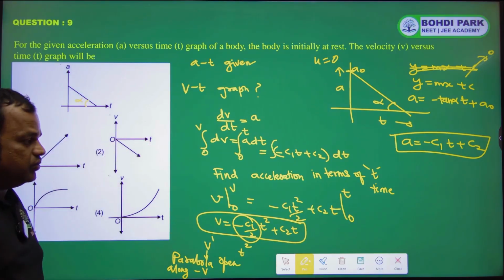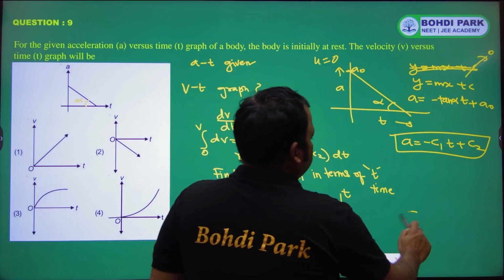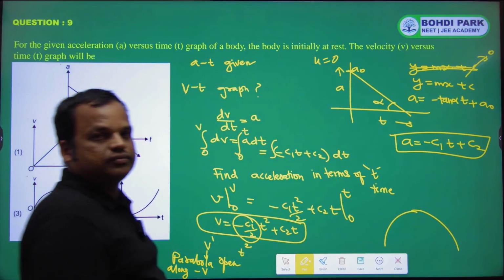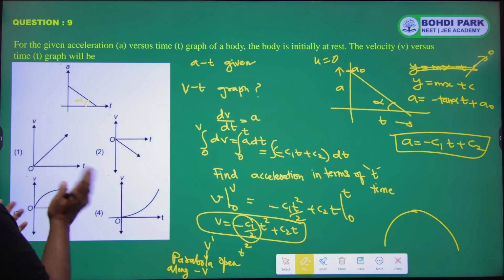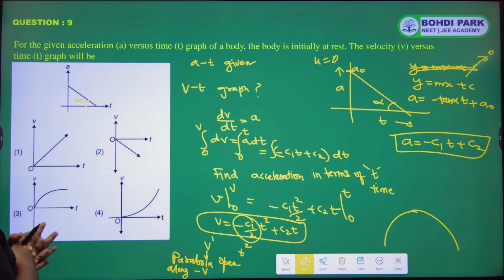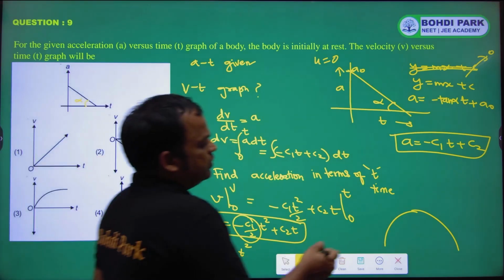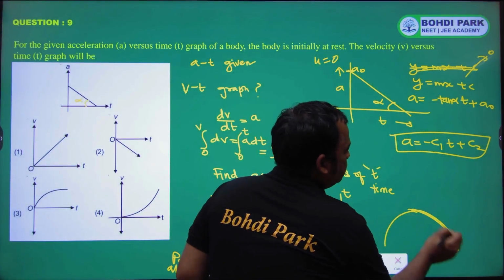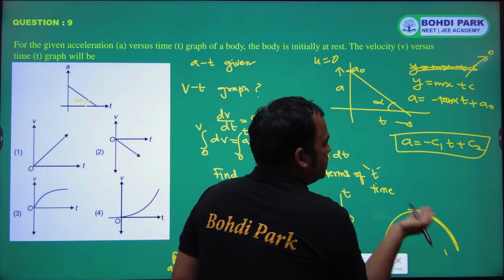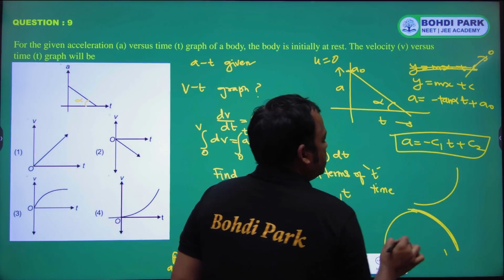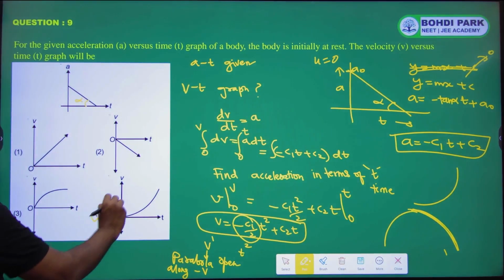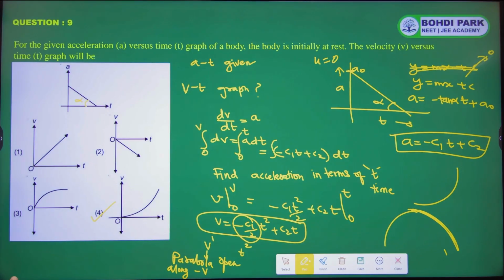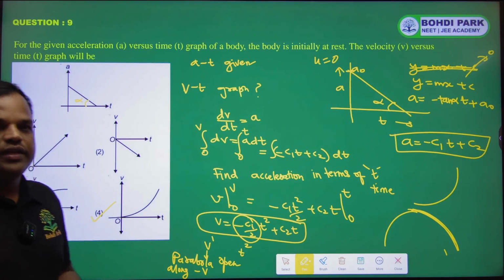Negative v means down. So the parabola will look like this. I think they are asking the speed versus time graph. So this portion is negative, so it will be positive like this. So fourth option. Done. Now next question.